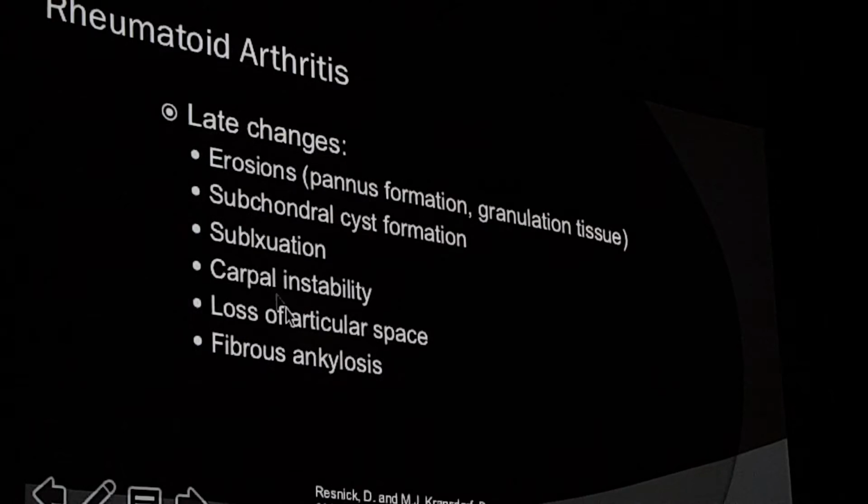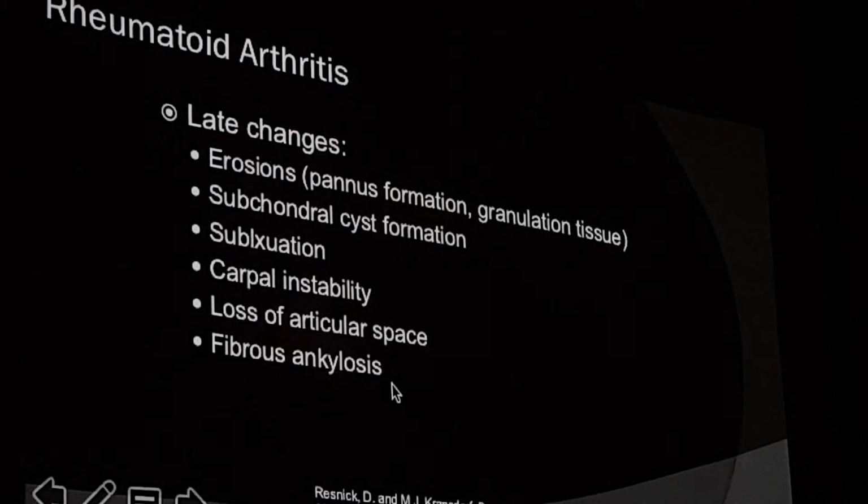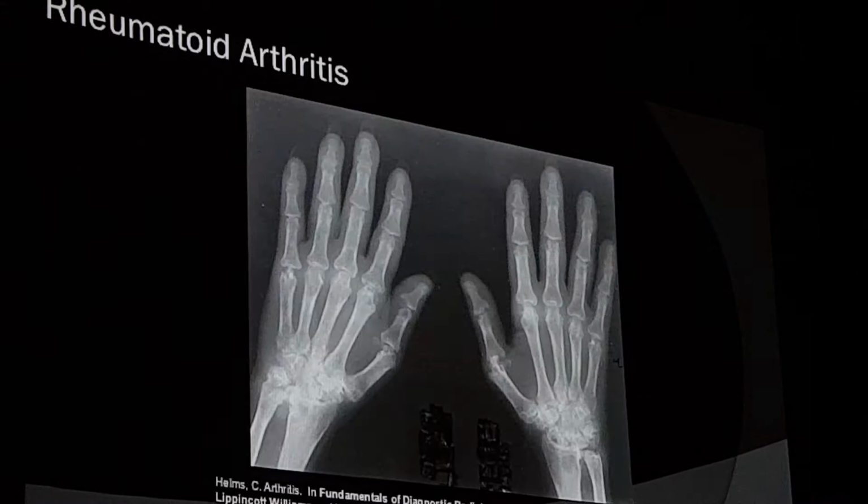Once you see late findings, erosion, subchondral cyst formation, subluxation, these become difficult to differentiate from rheumatoid arthritis with superimposed degenerative disease, because that is also possible.